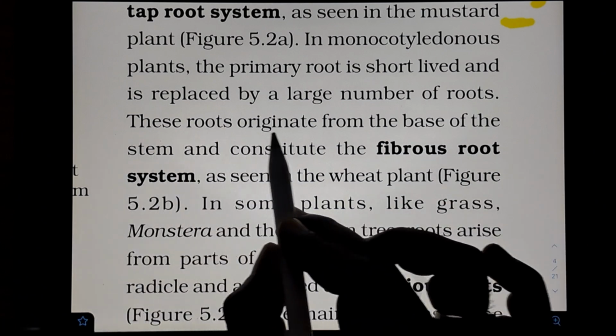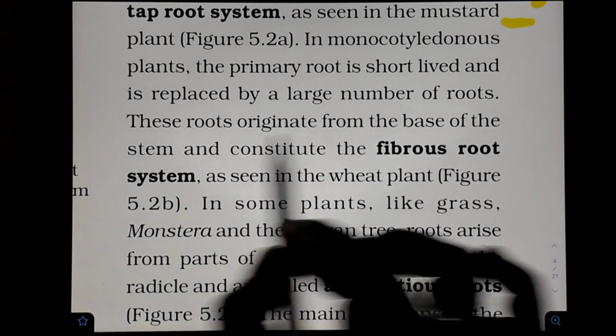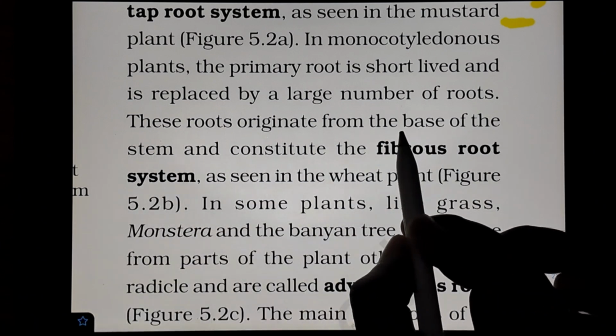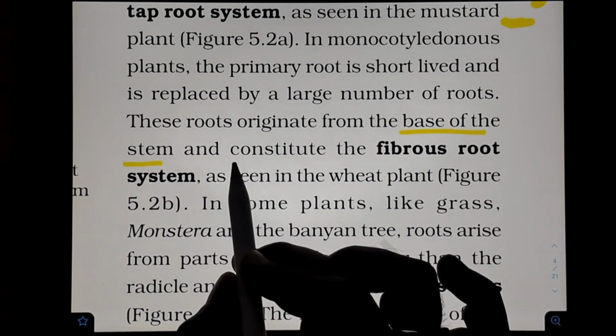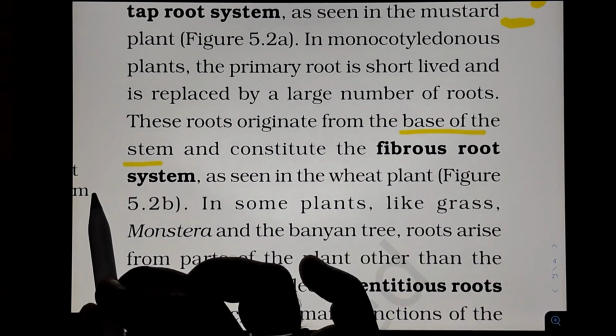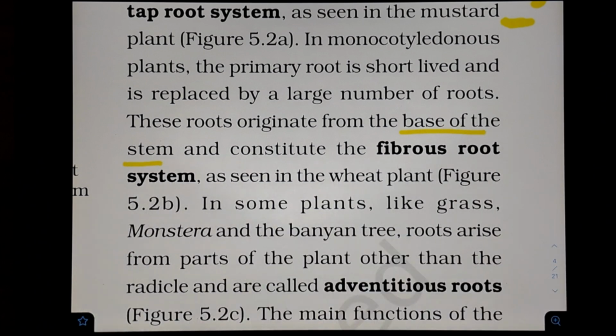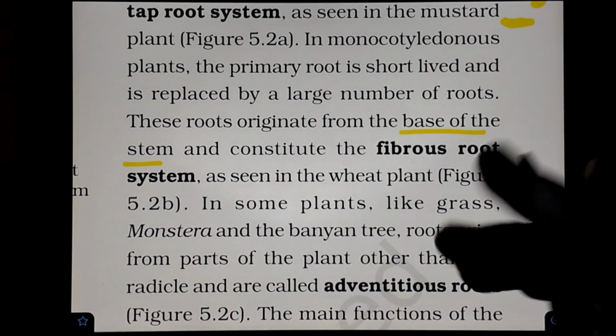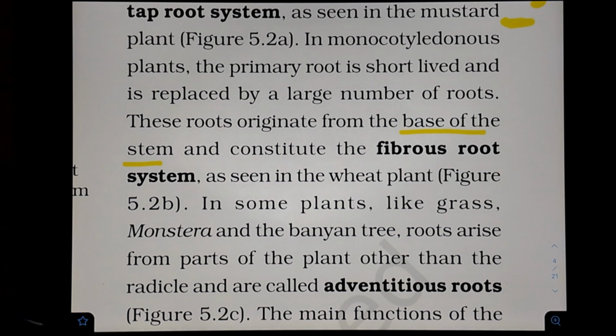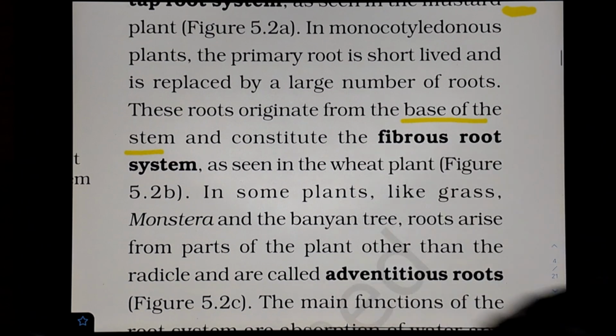These roots originate from the base of the stem and constitute the fibrous root system, and the primary root is replaced.